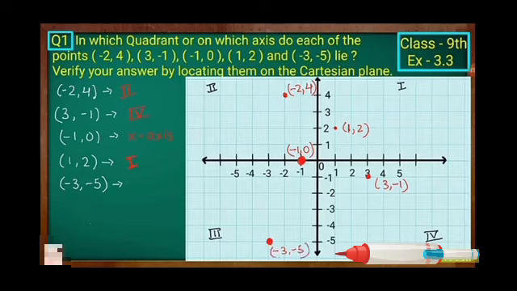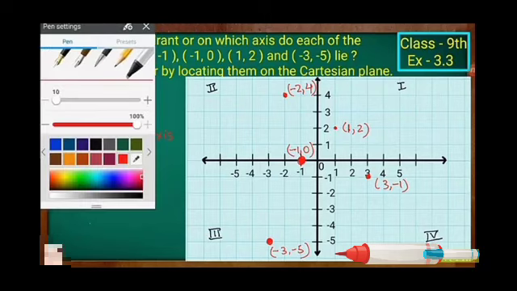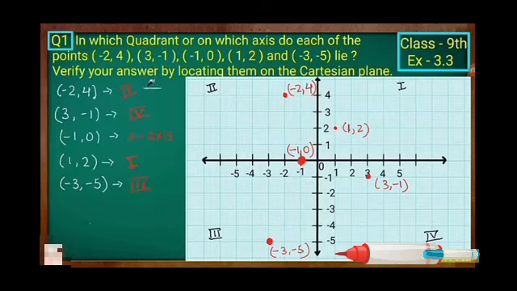This was the first question. These are the positions of the coordinate pairs.